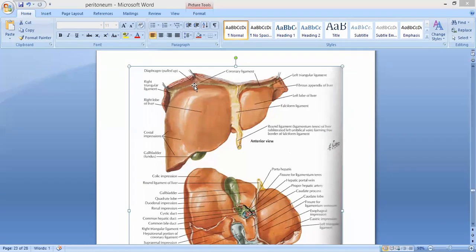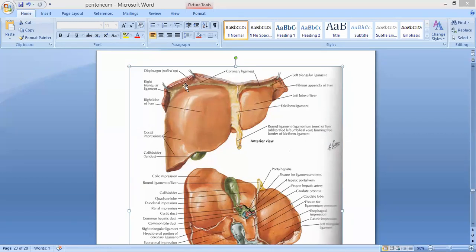You can see these are the right triangular ligament and the left triangular ligament. These are basically thickenings of the peritoneum, and it forms these ligaments to hold the liver in its place.